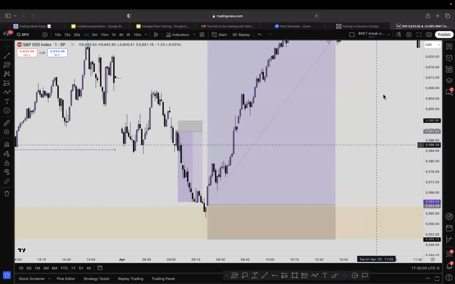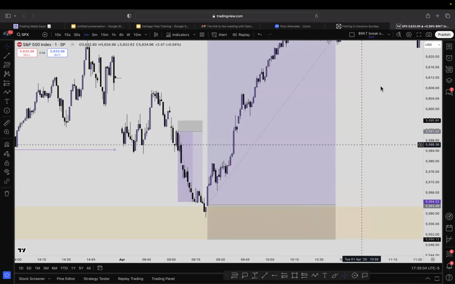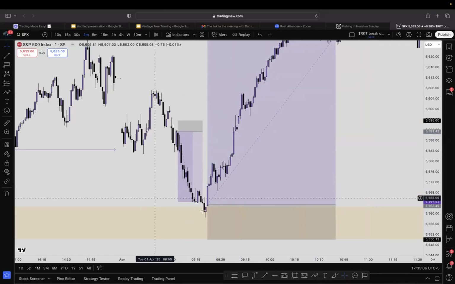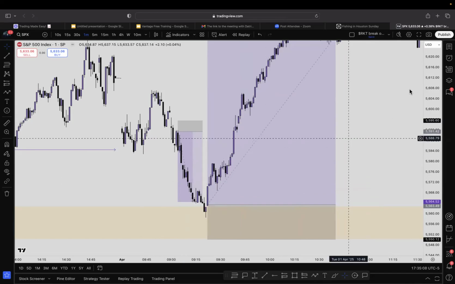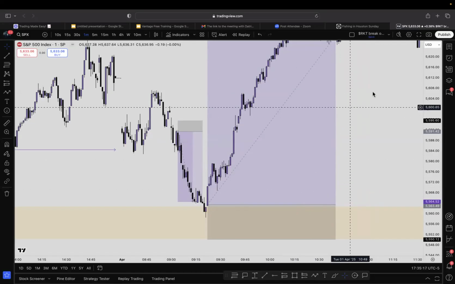All right. And we haven't necessarily talked about entries yet. That's for another meeting. But I'm just showing you the overall picture. Demand is the low for the first push? Nope. Demand is the last bearish candle before a market structure shift or a structure break to the upside.